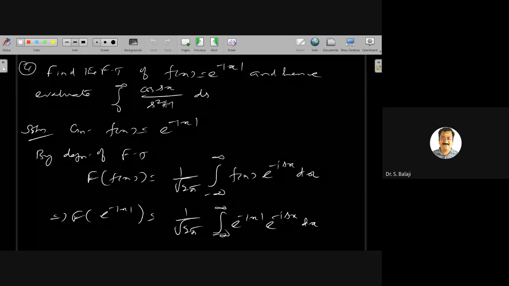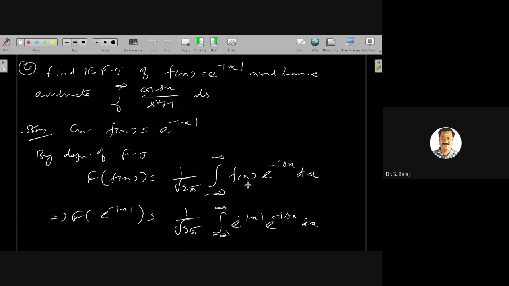But if you want to apply the Fourier transform technique here, you have to know about the specific function, then only you can easily identify. Here the specific function is given as f of x equal to e power minus mod x. By the definition of Fourier transform, f of s equal to 1 by root of 2 pi, integral minus infinity to infinity f of x e power minus isx dx.